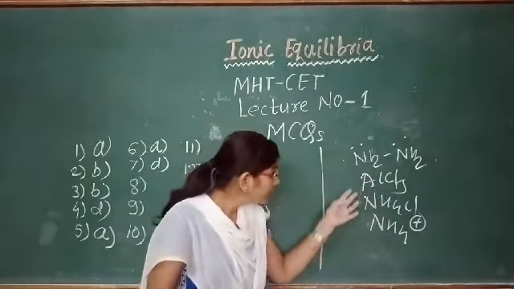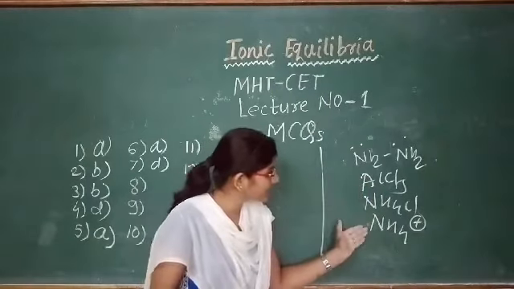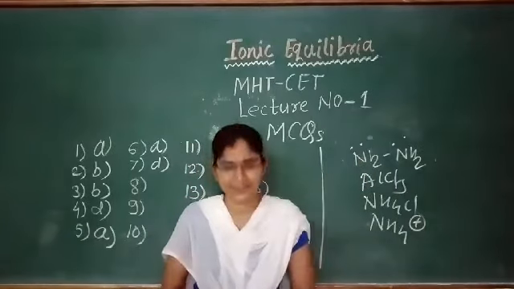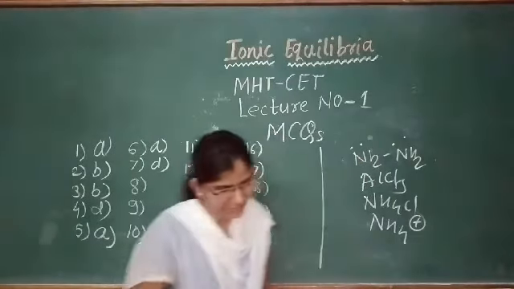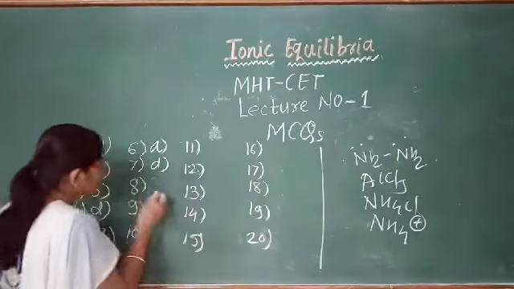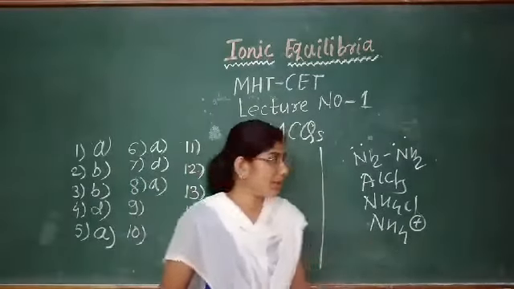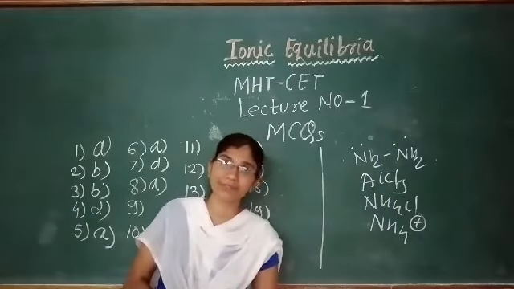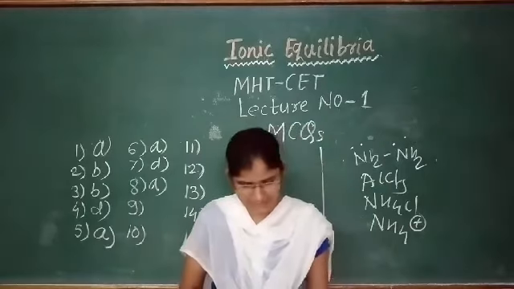They are electron deficient, and therefore these are Lewis acids. But hydrazine is a Lewis base, and therefore the answer for number 8 is A. Hydrazine is a Lewis base. All the others are Lewis acids because they are electron deficient. They accept a lone pair of electrons.